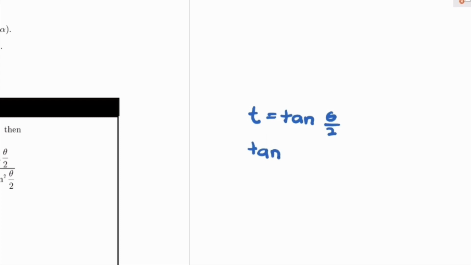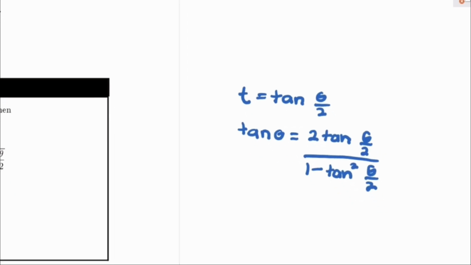So tangent theta equals 2 tangent theta over 2 divided by 1 minus tangent square theta over 2. Now you change that, t equals tangent theta over 2. So we get 2t in the numerator, and the denominator is 1 minus t square.